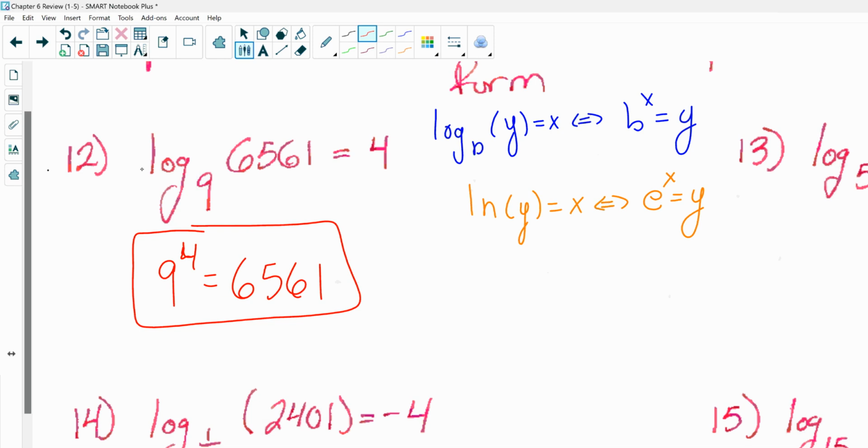And that's it. If we wanted to, since it's all numbers, 9 to the 4th is just a number, we could plug 9 to the 4th into the calculator and see what we get. If there are variables, if it had said 9 to the 4th equals x, we could plug 9 to the 4th into the calculator, but it's not going to tell us much because the other side is just x.